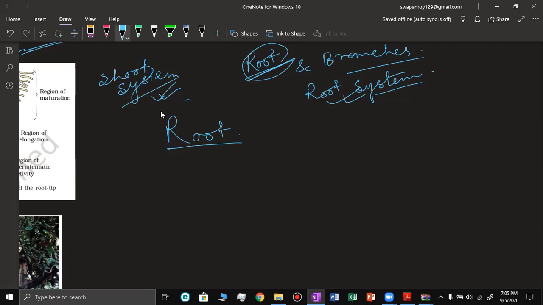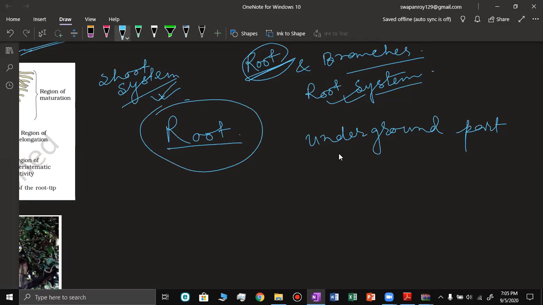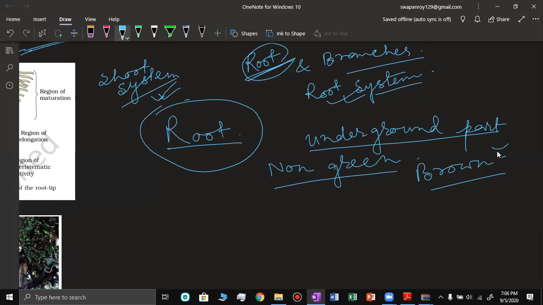As we know, this root is usually the underground part of the plant, and this is non-green, usually light or dark brown in color, and the main function is absorption and fixation.